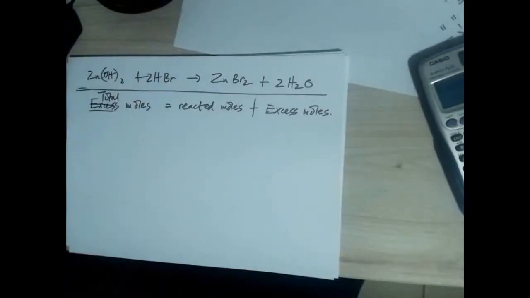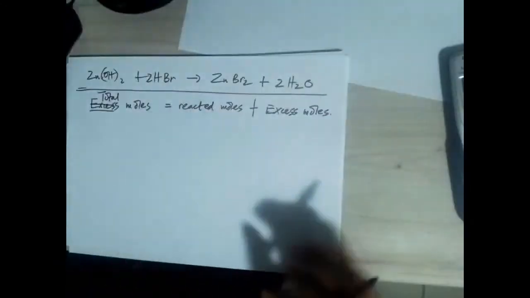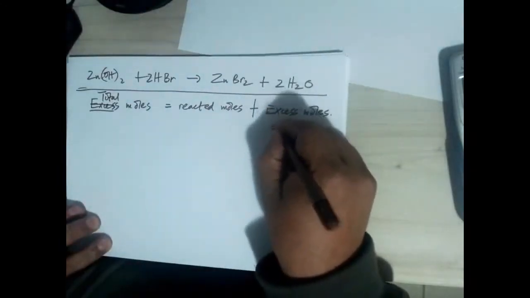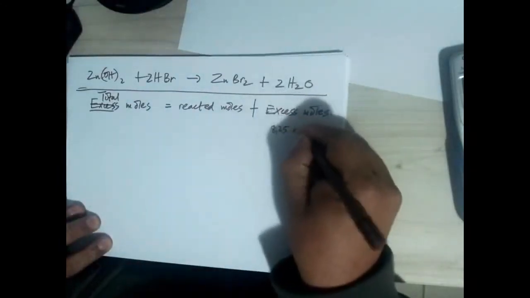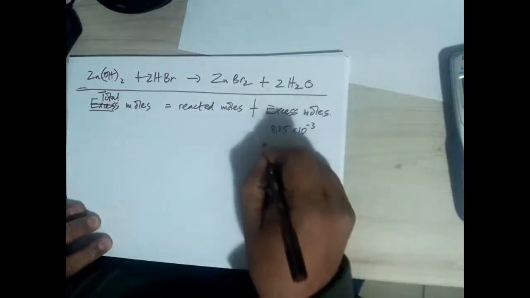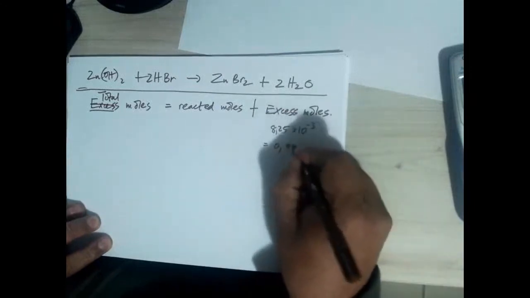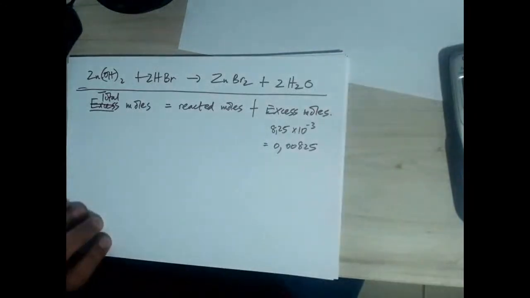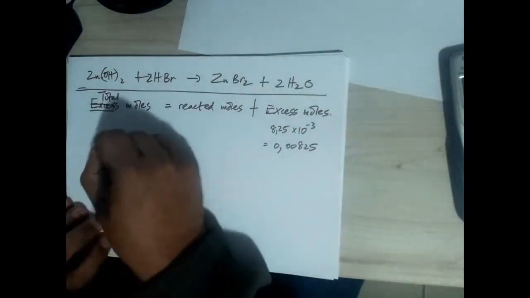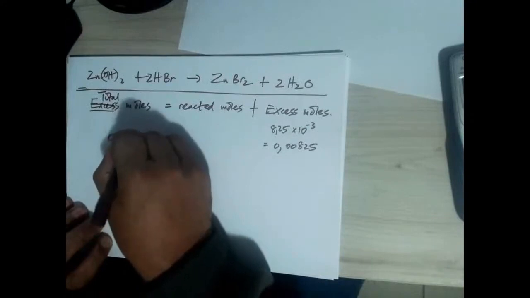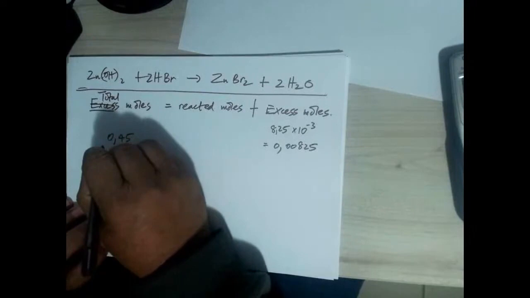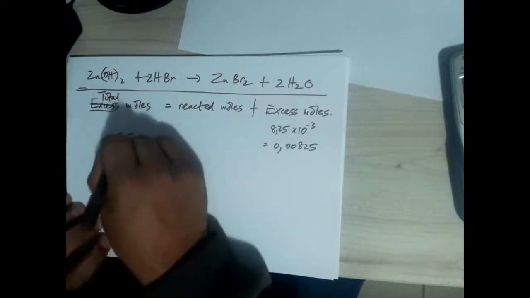So we've calculated the excess moles in the previous calculation to be 8,25 times 10 to the minus 3, which is 0,00825. We give them the total moles of 0,45. Is it 0, 0? No, that's the concentration.